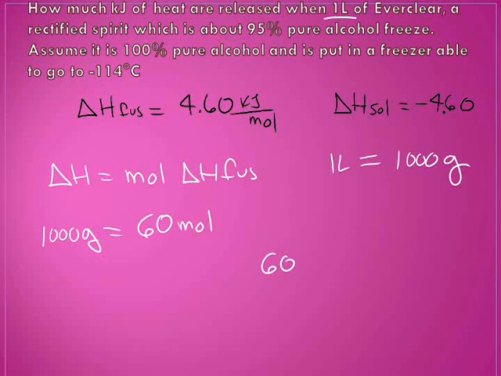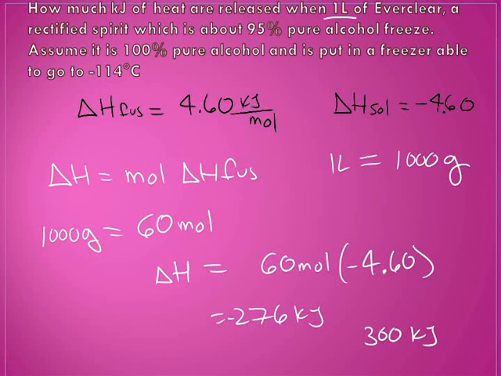So we have delta H equals 60 moles times negative 4.60, which with significant figures is negative 300 kilojoules. So that means we had to take out 300 kilojoules from that liter of alcohol in order to freeze it to a solid chunk.